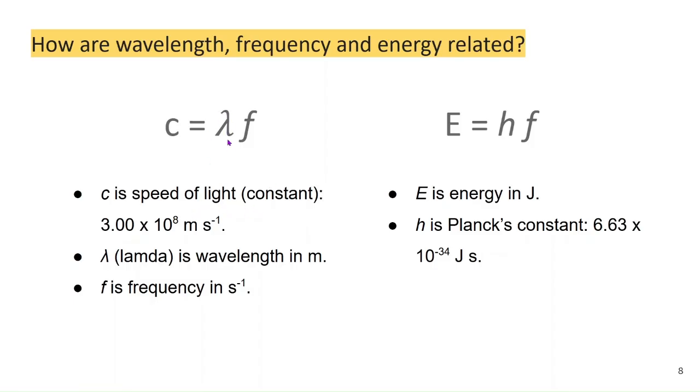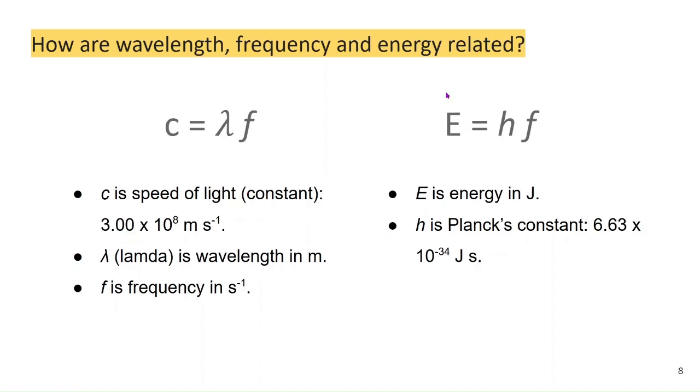Equals the wavelength times the frequency, right? So the speed of light of any bit of electromagnetic radiation is always equal to this when it's in a vacuum, which is super, super, super fast. That's 3 times 10 to the 8th meters per second. And it is always equal to whatever the wavelength of that light is times the frequency of it.